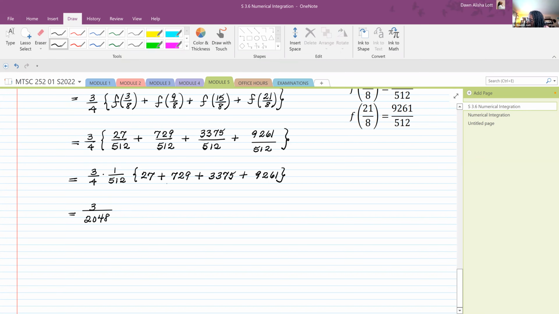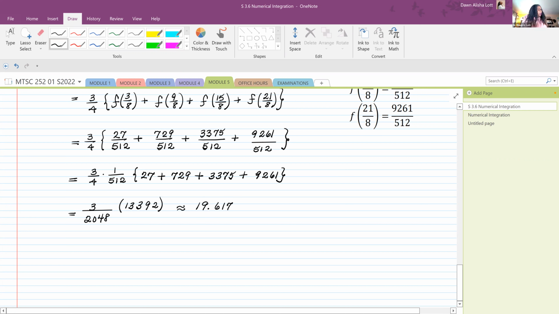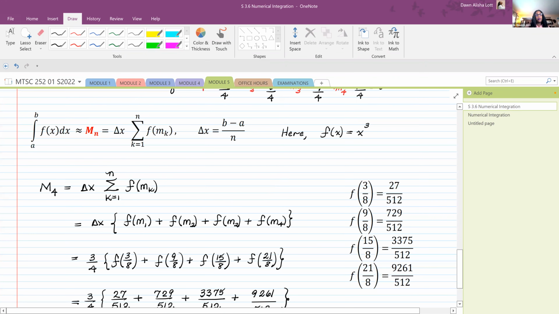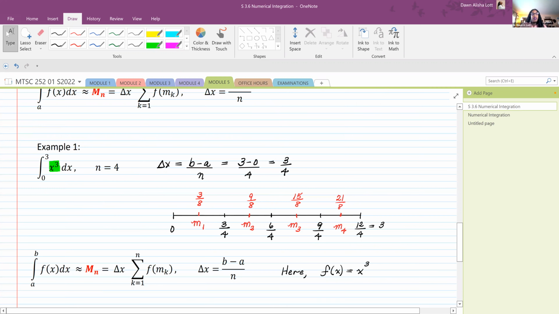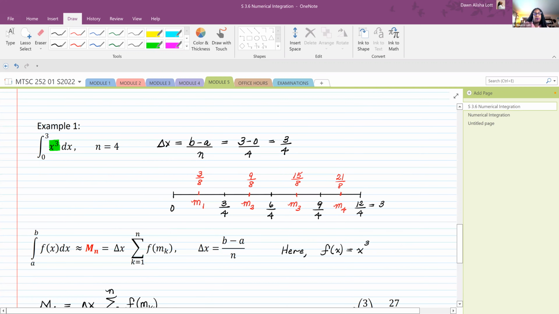And that whole thing sums up to 13,392. So if you take that answer and figure out what it is approximately, it comes out to be 19.617. Okay, so that is my approximation to the area under the curve of x cubed. That's my approximation to the integral.